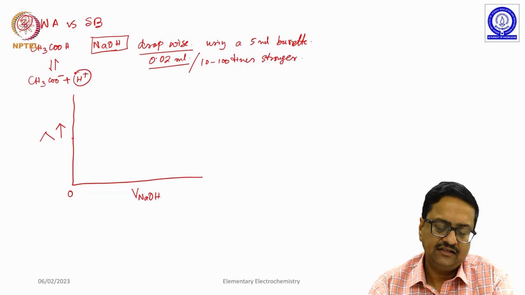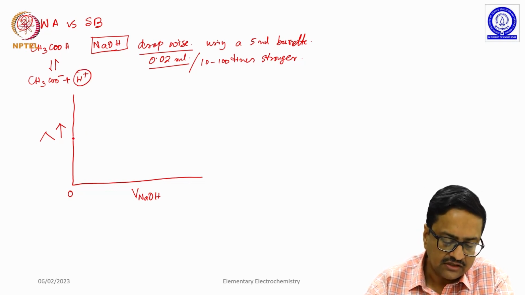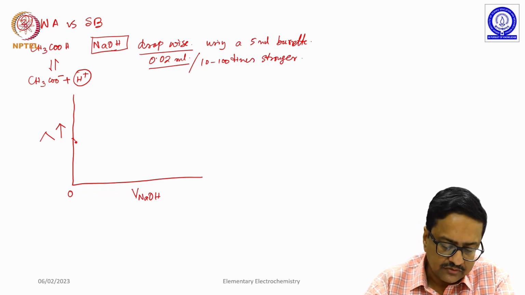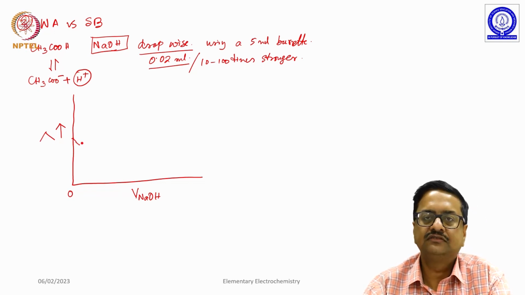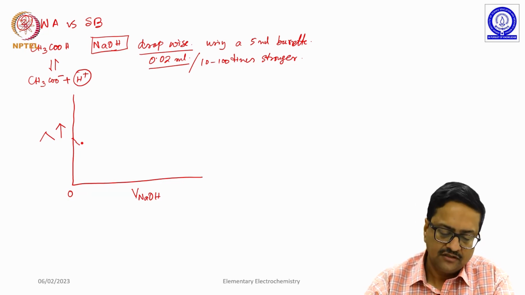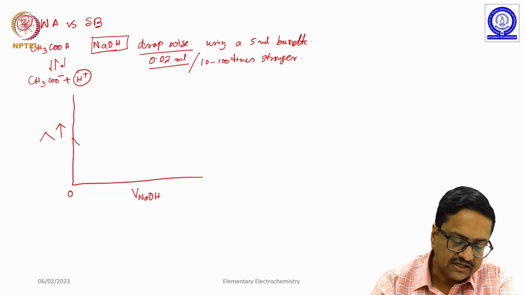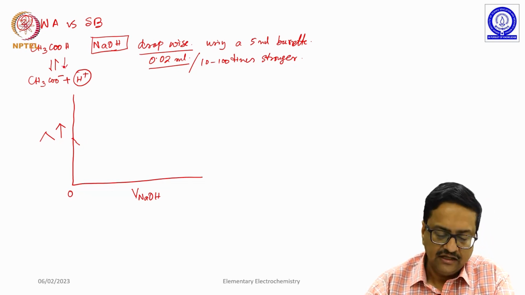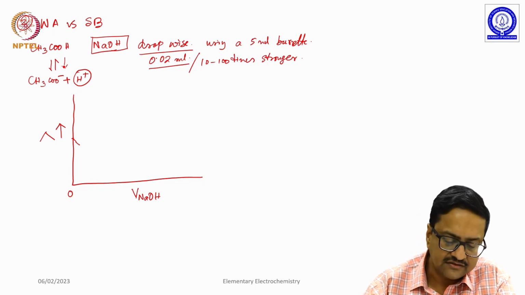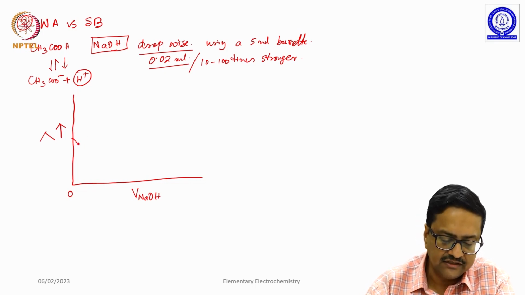So as soon as you add the first drop, the conductance will decrease. You add another drop, the conductance tends to still decrease. But then, after addition of every drop, when we try to equilibrate, this dissociation becomes more facile and more H plus ions are generated, hence the conductance will start increasing.